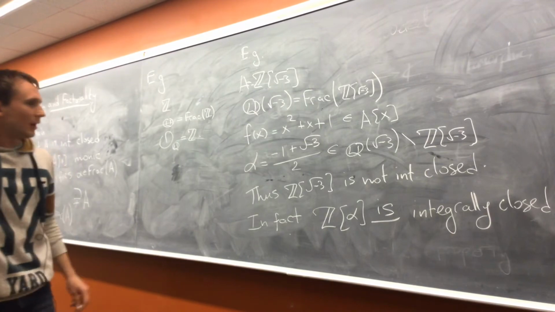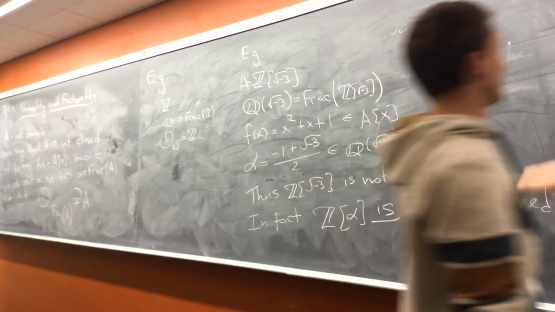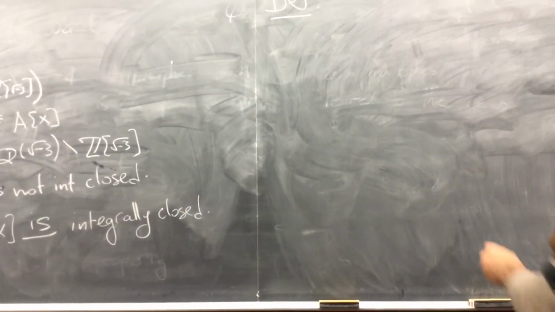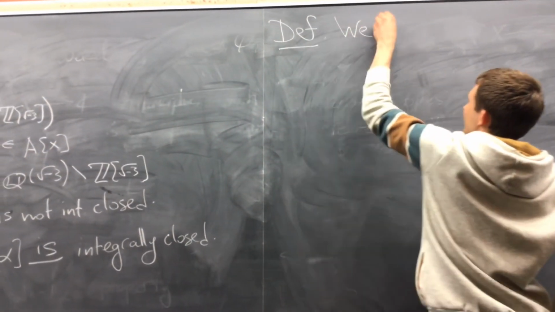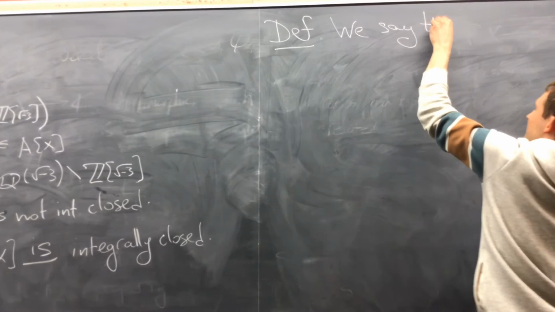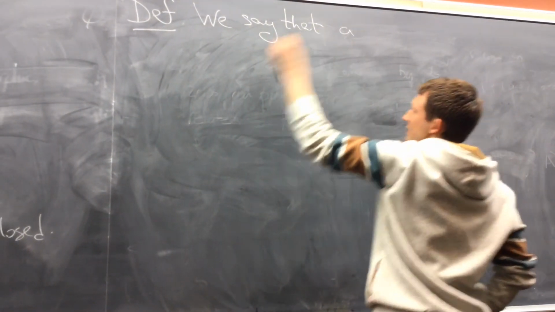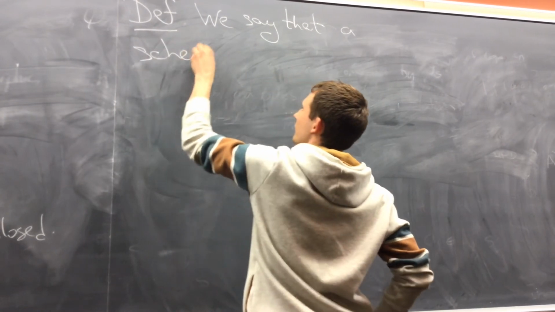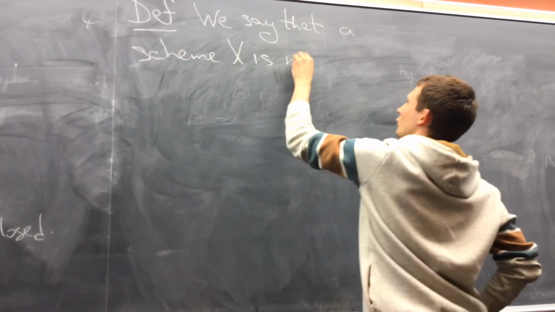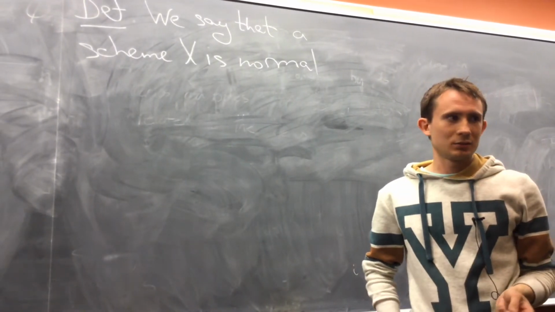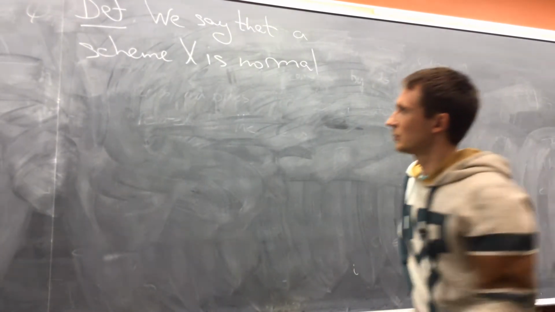So then let's move to the definition of a normal scheme. We say that a scheme X is normal if all of its stalks are integrally closed.